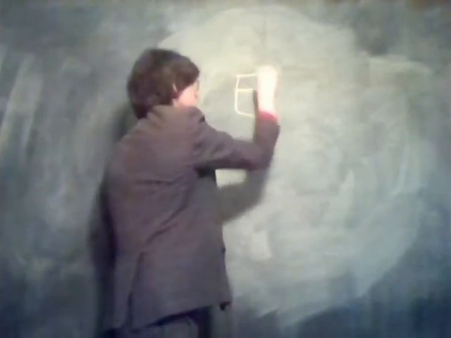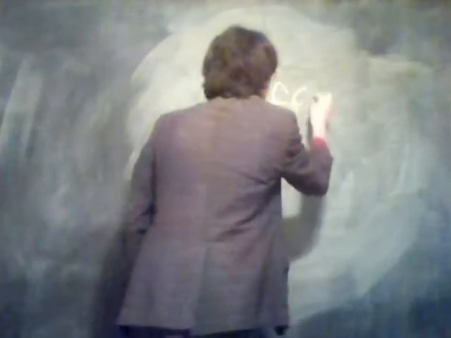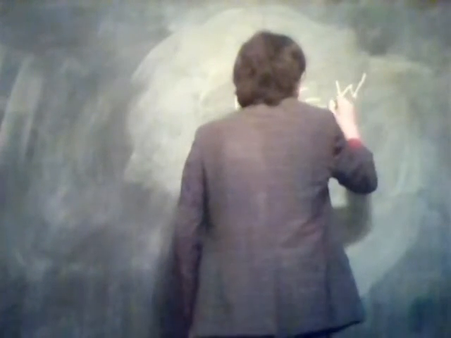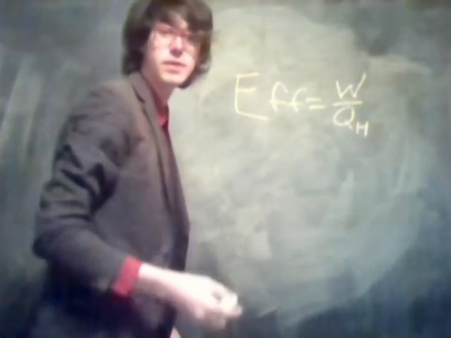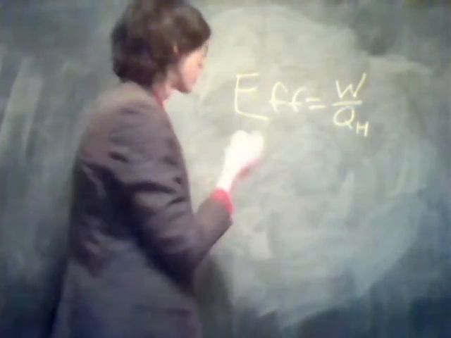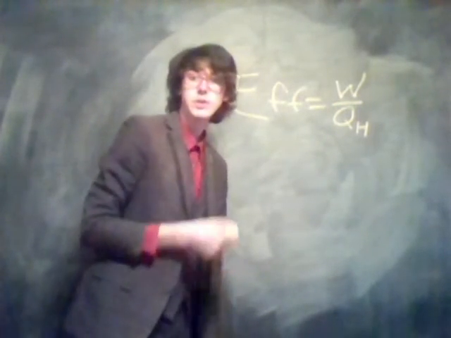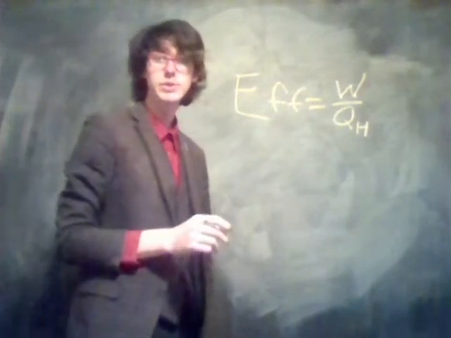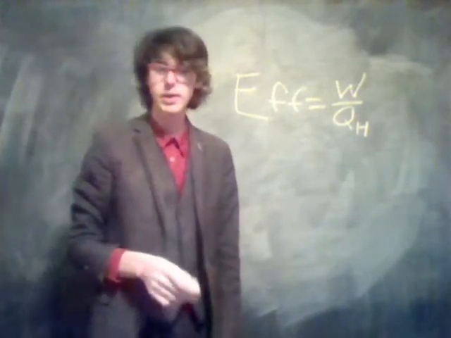The efficiency of a heat engine is equal to the work done divided by the heat transfer from the hot reservoir. And based on what I showed you before, the work done is equal to the heat energy from the hot reservoir minus the heat energy into the cold reservoir.